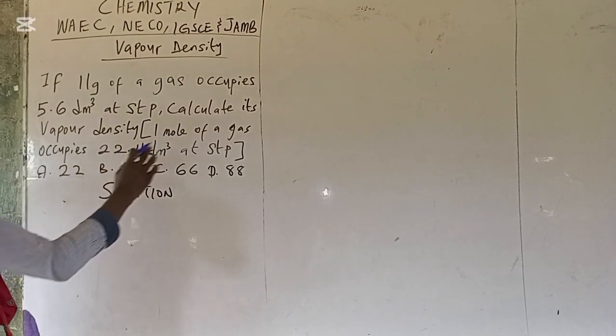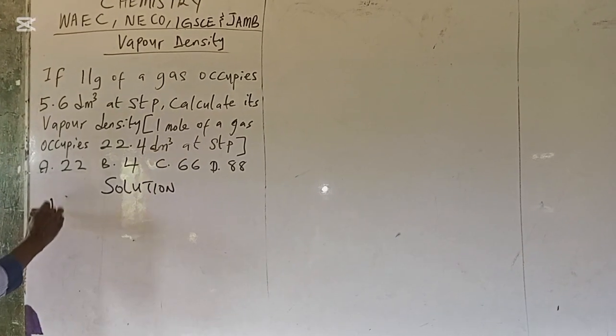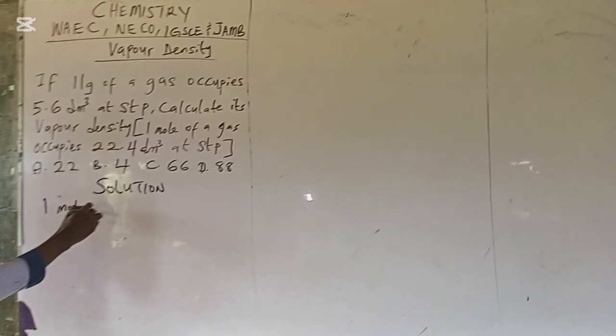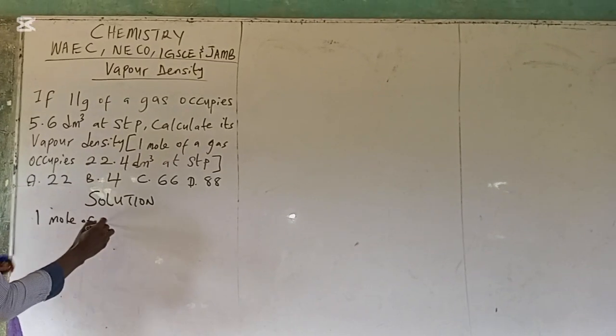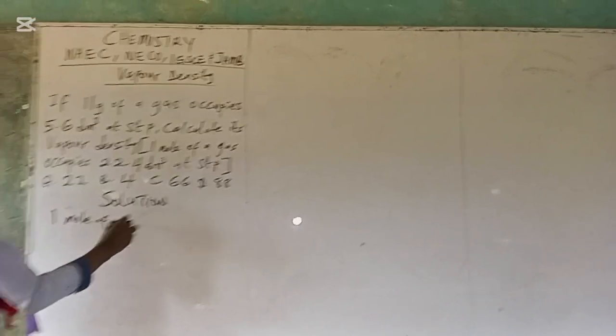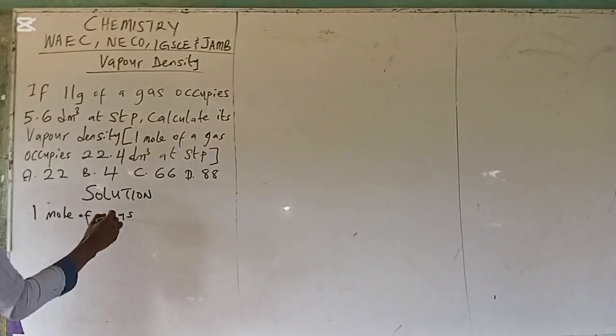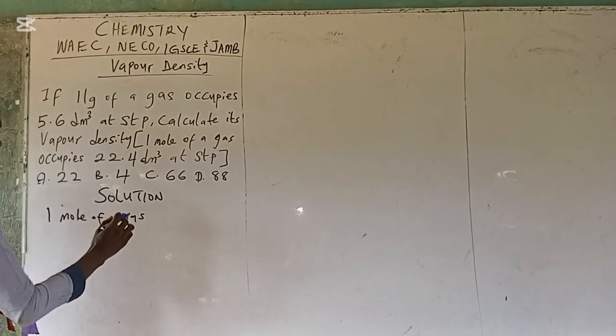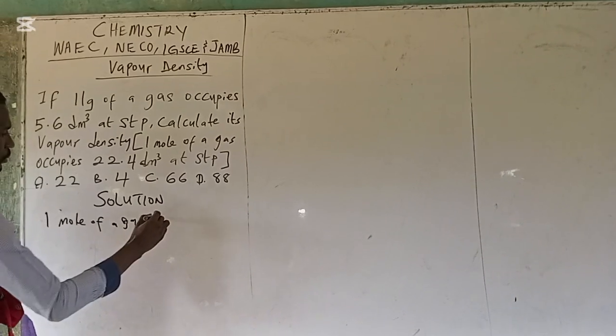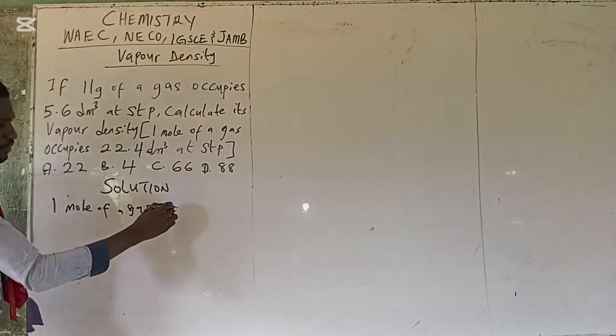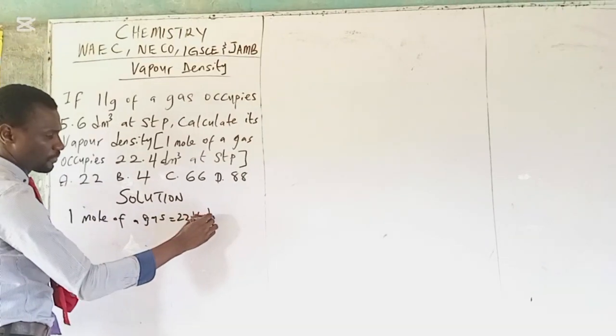We'll start from here. 1 mole of the gas equals 22.4 dm³.